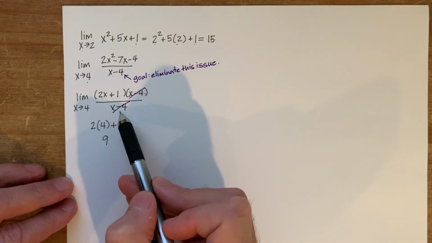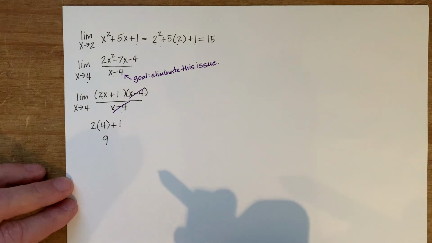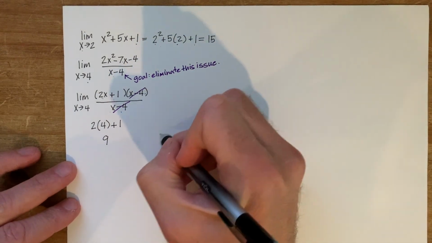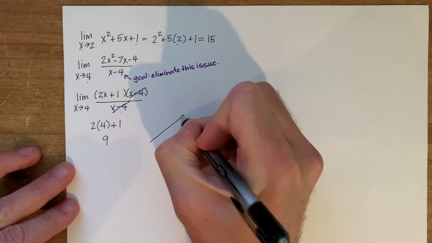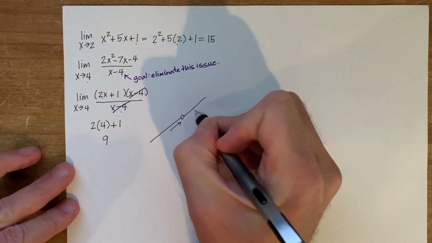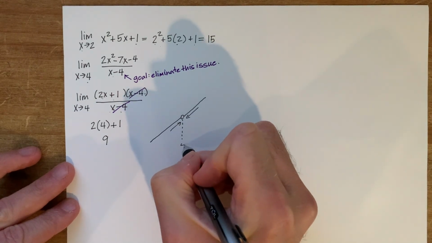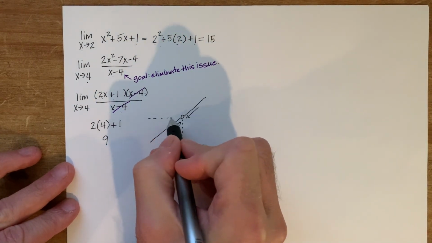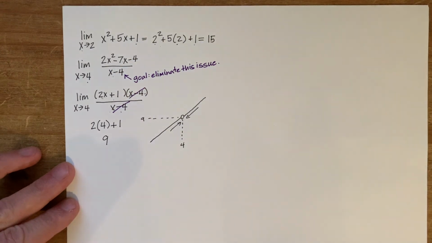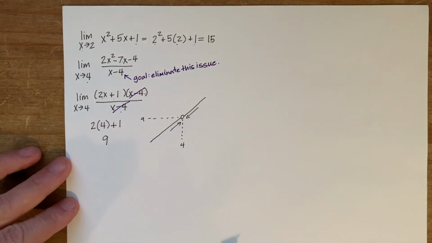There's going to be a hole at 4, and 4, 9 would actually be the hole filler. I would have a graph that looks something like this, and then at 4 there would be a hole. And so the y value that this graph would be approaching as x is equal to 4 would be 9. That's our limit. Our function is undefined at that point, but our limit is equal to 9.